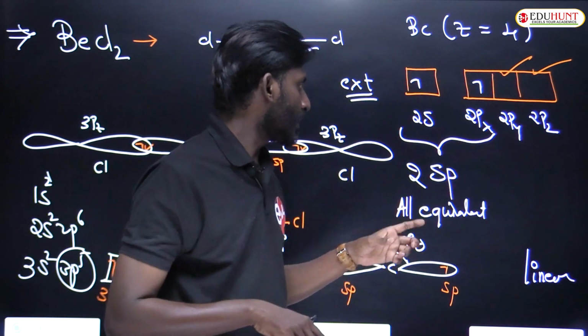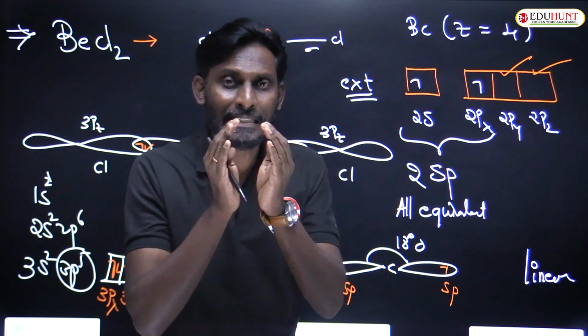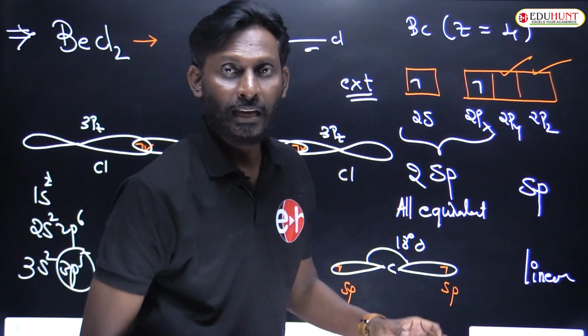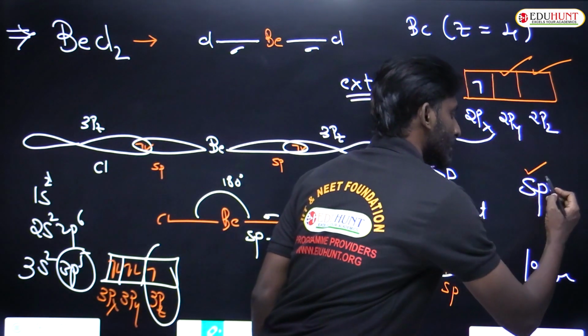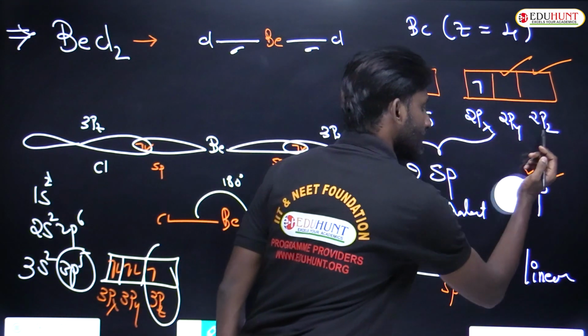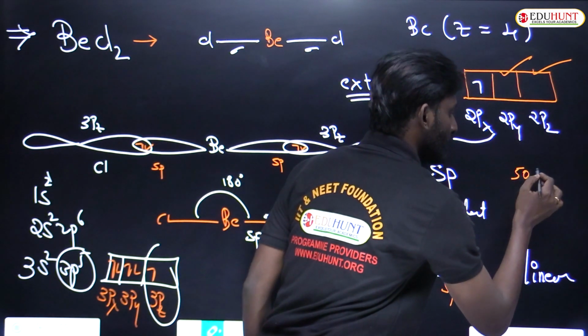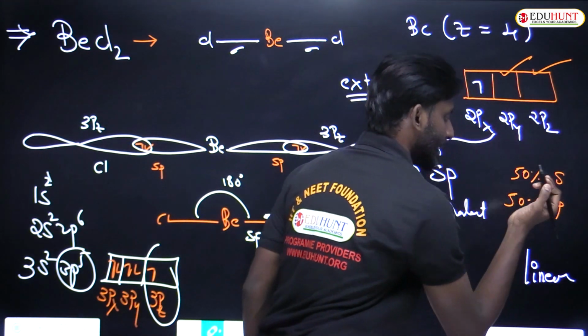See, I have taken this sp hybridization. In this sp hybridization, if I take an sp hybrid orbital, it means in this hybrid orbital there is 50% s character, 50% p character.